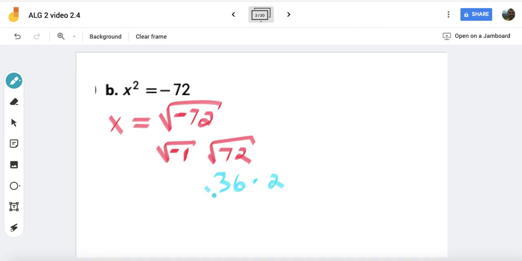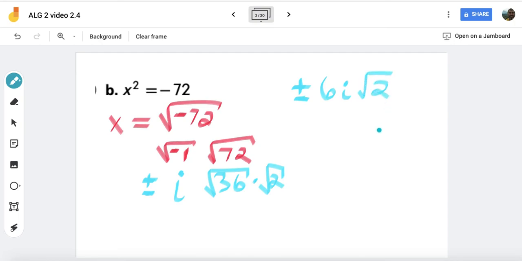The reason I did that is because I know the square root of 36 is 6, but I can't break down the square root of 2. And the square root of negative 1 is i. And once again I forgot positive or negative. So my final answer is positive or negative 6, and I have the i. It's always good, if it's not in the square root, to write that number out front, and then the i, and then the square root of 2.